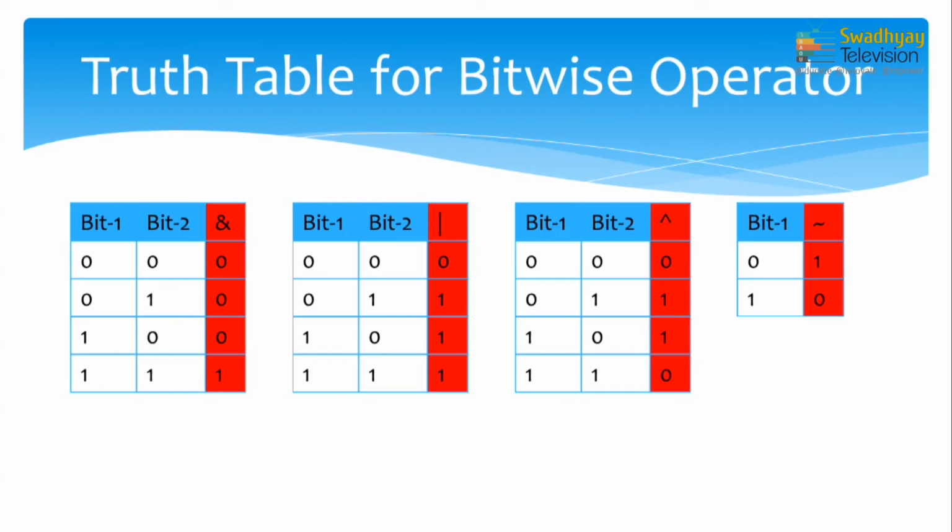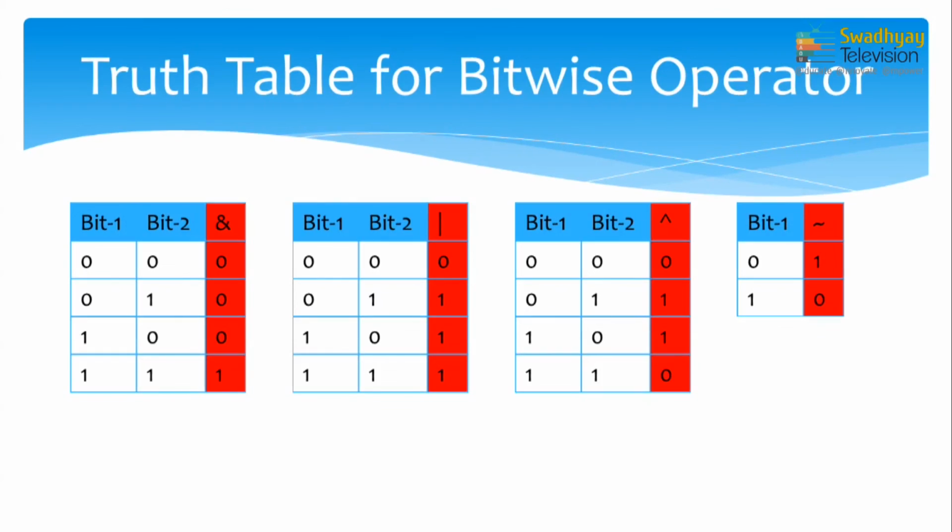So, we can say in case of AND we only get 1 if both bit values are set to 1. In case of bitwise OR, if both operands are set to 0, then OR returns 0. If the first bit is set to 0 and the second bit is 1, then we have 1, because OR checks whether either of the bits is set to 1, then it returns 1.